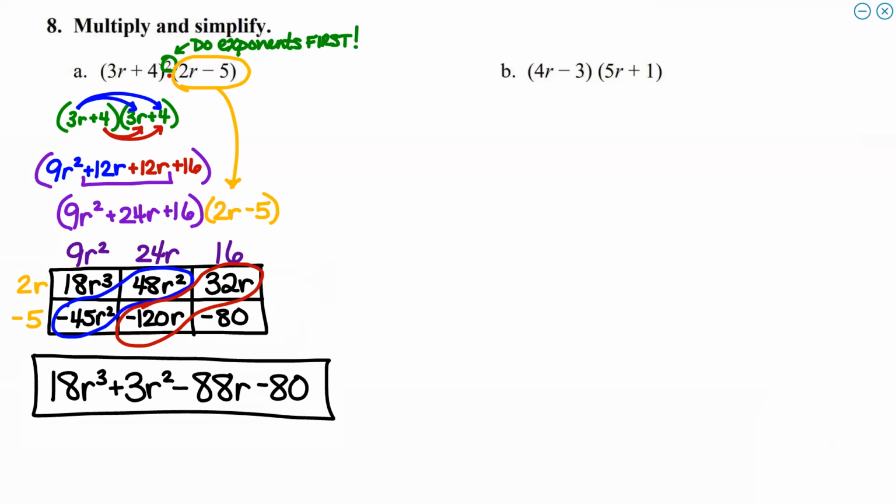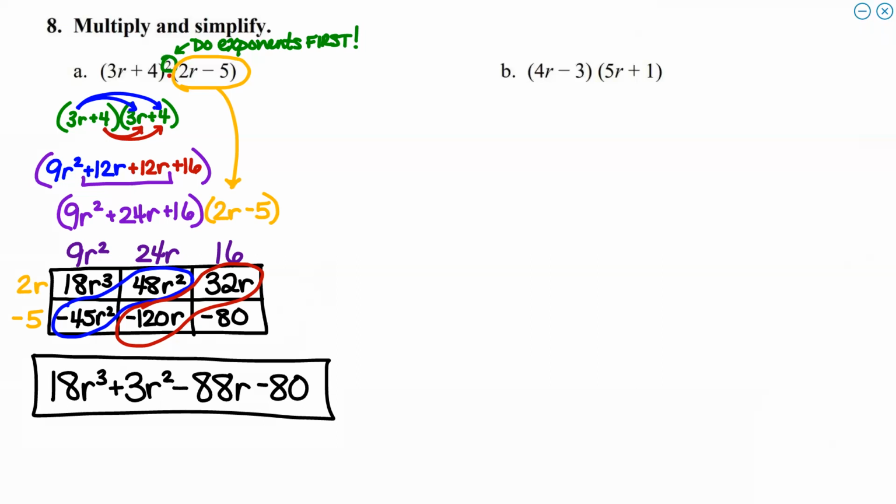How many pieces does the first binomial have? 2. How many parts does the second binomial have? 2. How many total distributions are we going to need? 4. Both pieces of the first binomial have to get distributed to both pieces of the second binomial.